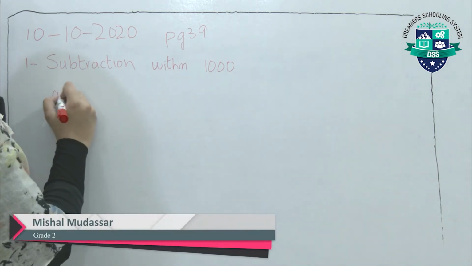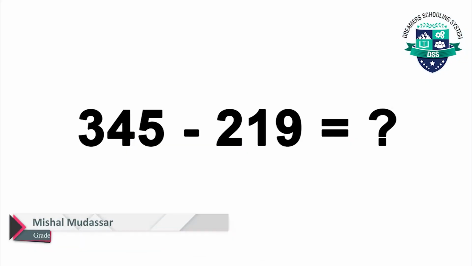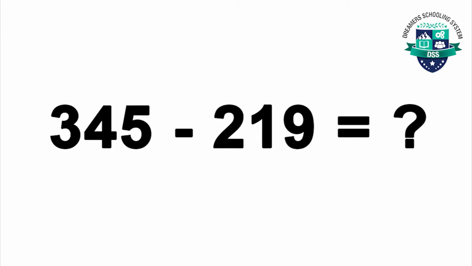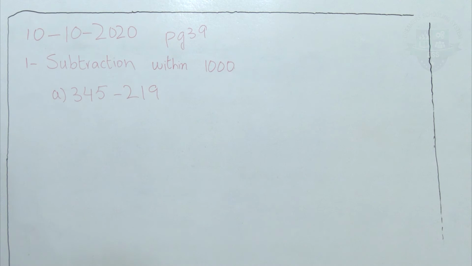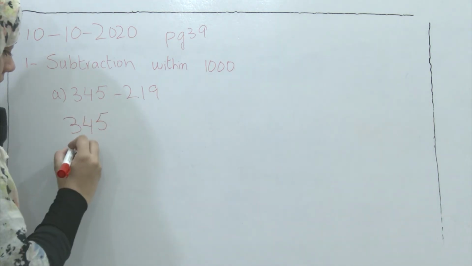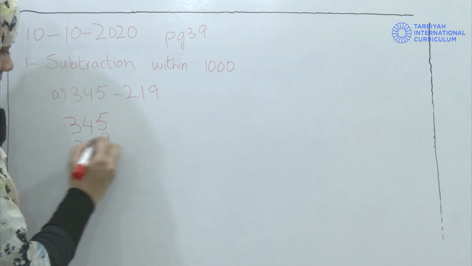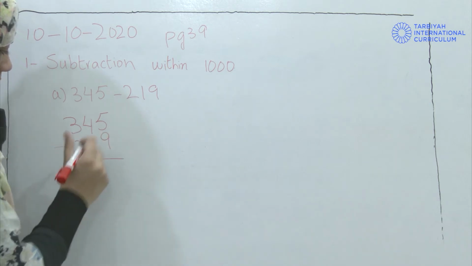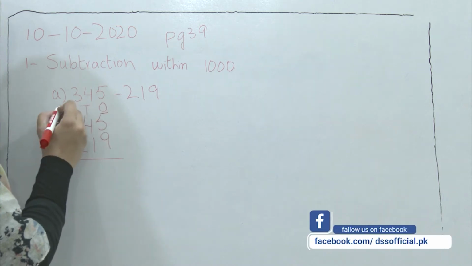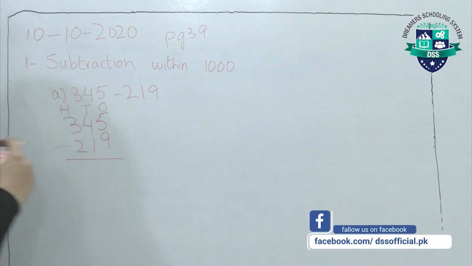Our first problem is 345 minus 219. So let's write this problem again. 345 minus 219. So this is ones, this is tens, and this is hundreds.